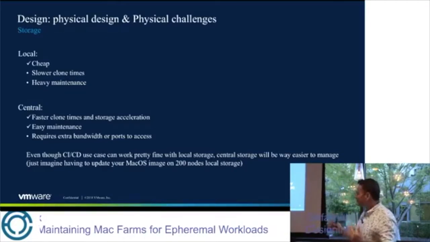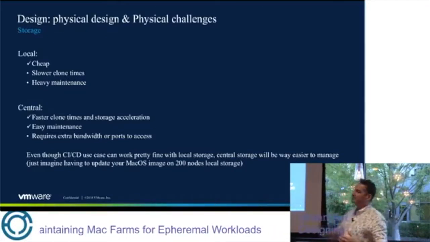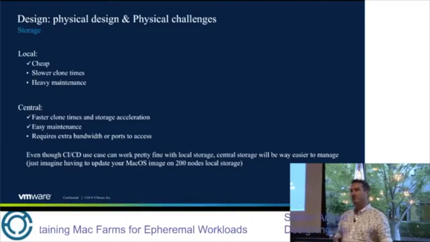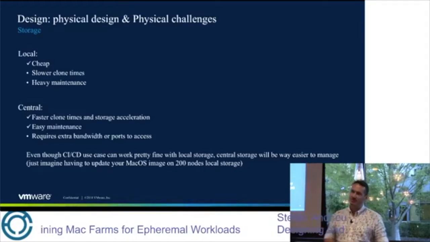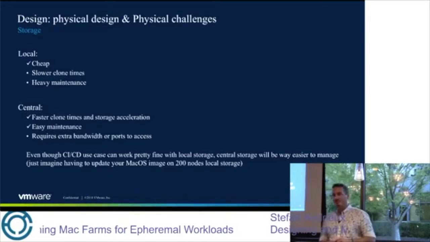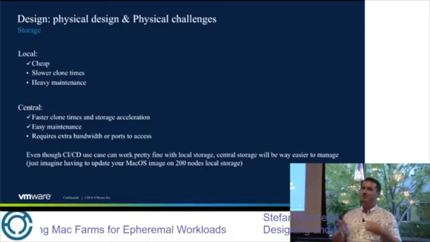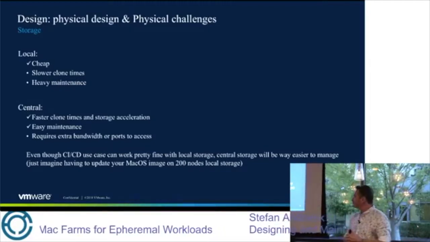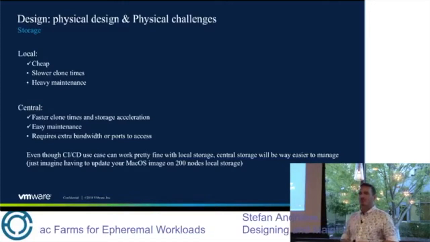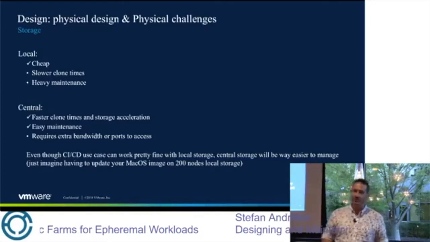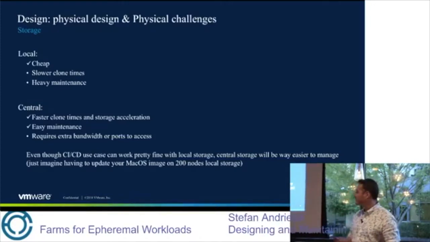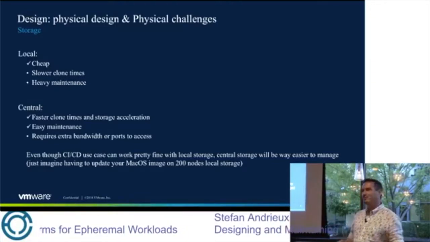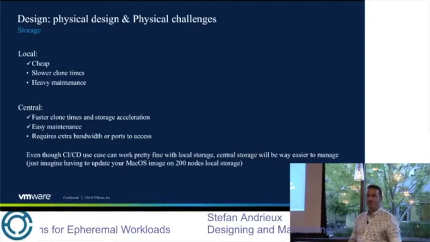So my tendency and my recommendation, and again, this is a global recommendation, you may have a particular use case, is to go with central storage just for the ease of maintenance. Even though you can get cheap storage, PCI Express, really super fast, using local storage can bring some issues. We also have the installation, the drivers you need to be on, and so on. So on the storage side, let's go with central storage. It might be the easiest way to do it.